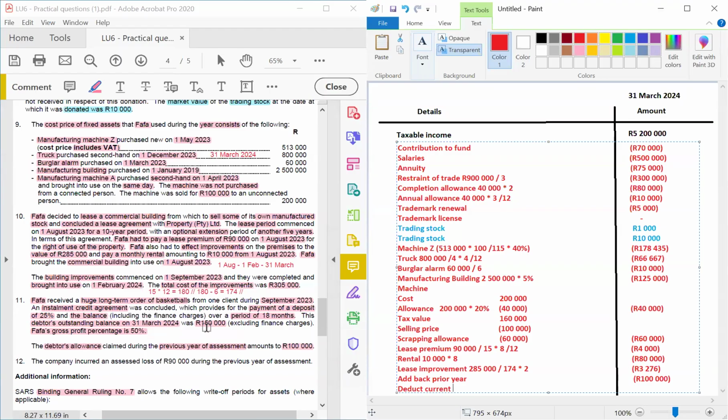They just said it's 150 and the gross profit percentage is 50%. So we will take this 150 multiplied by the gross profit percentage of 50%, right? And now this will give me, no, we add back and we deduct.